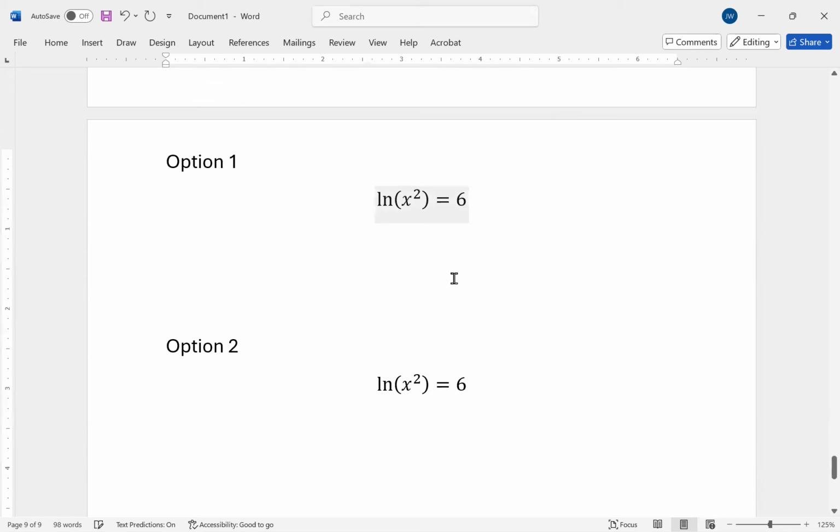In a similar way, there's a couple of different ways I could solve these two equations. Here we have natural log of x squared is equal to 6. If I wanted to solve it right now, not using any of the properties of logarithms that I know, I could simply say that this means x squared has to be e raised to the 6th power.